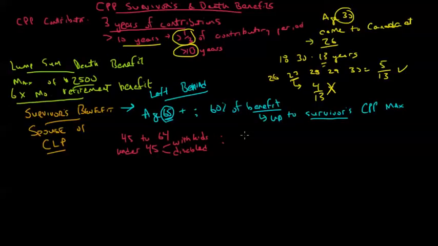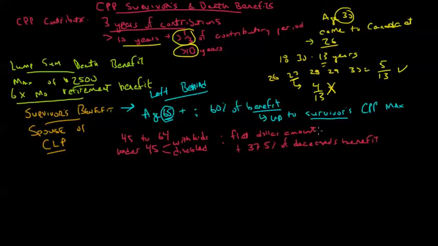And now what we're going to have is a flat dollar amount, and we're going to see that flat dollar amount again in a moment. And similar to what you saw if you watched the disability video already, then a percentage, and that percentage is 37.5% of the deceased's benefit.